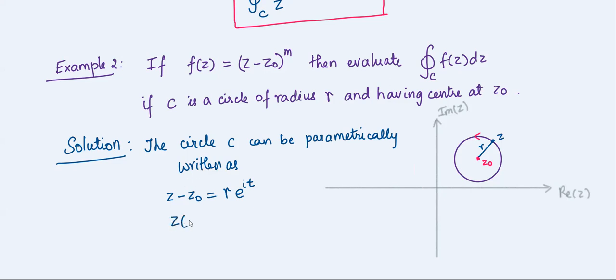So Z of t, this path C, Z of t is Z naught plus R e power it.